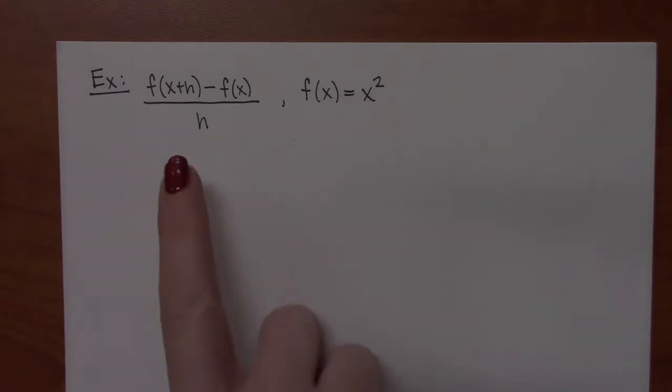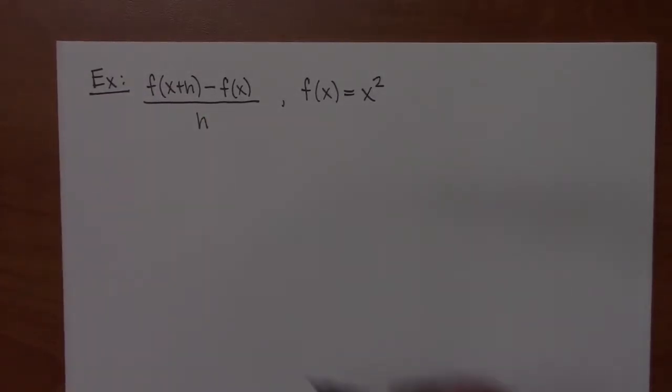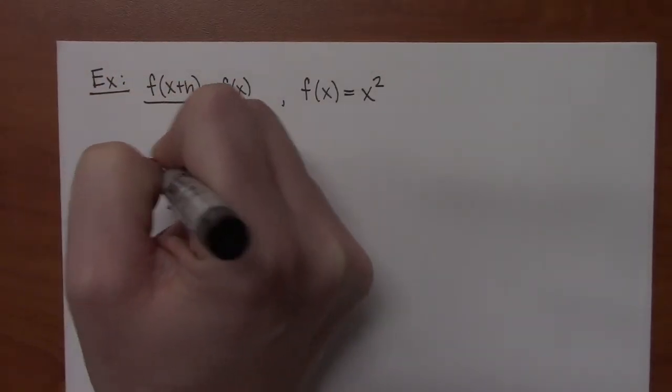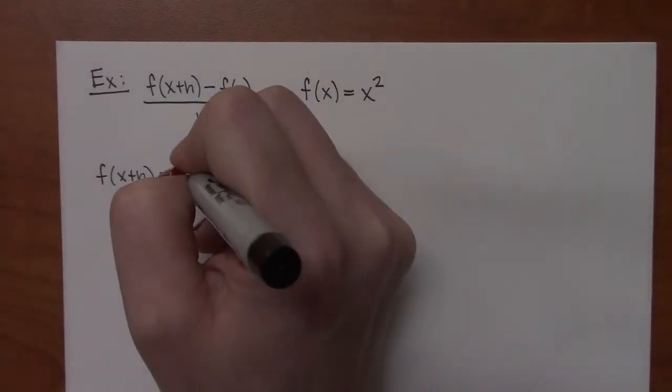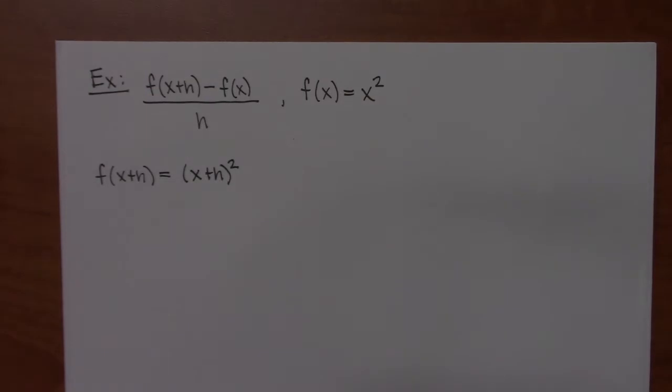So the first thing I want to do in the numerator is figure out what f of x plus h is. All this says is take my function f of x, and everywhere I saw an x, now replace it with an x plus h. So this is x plus h squared.